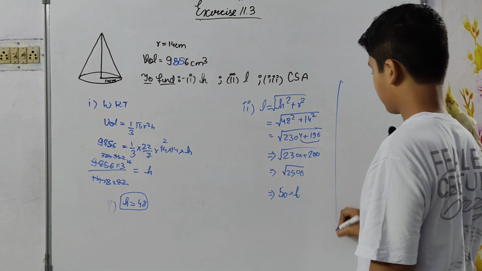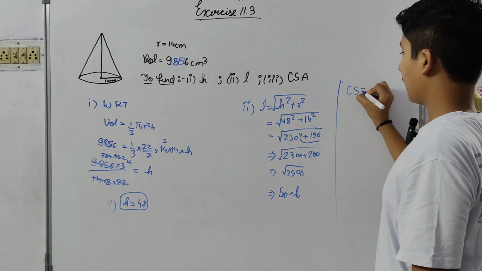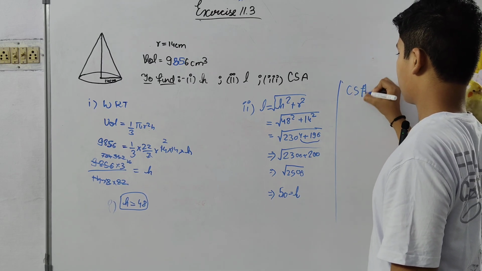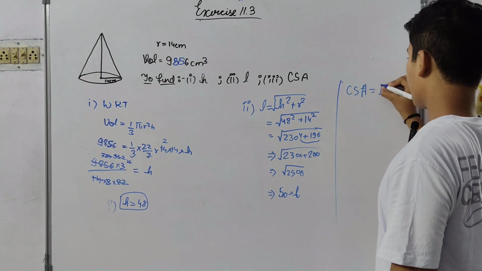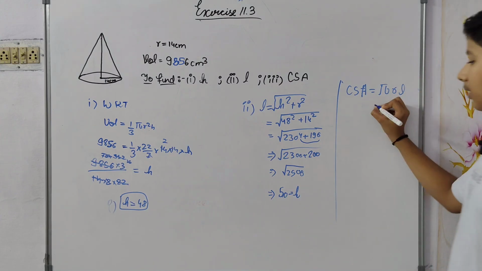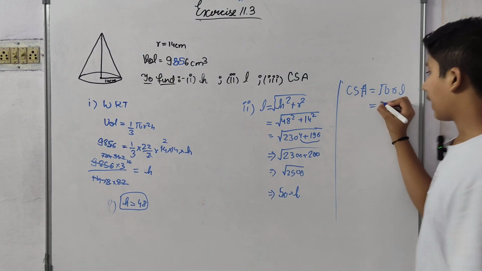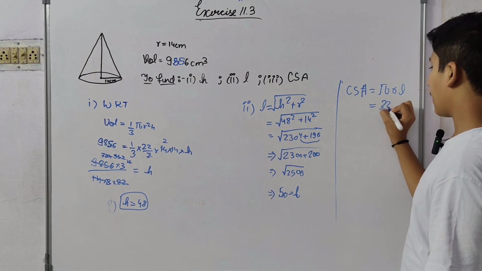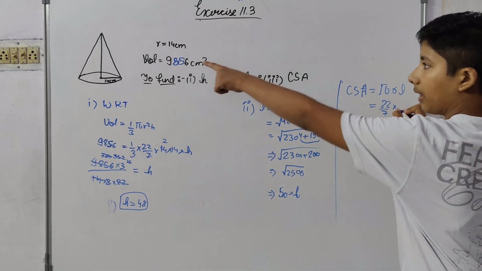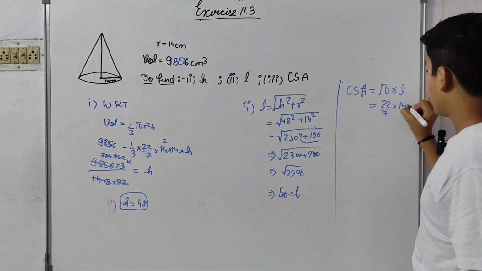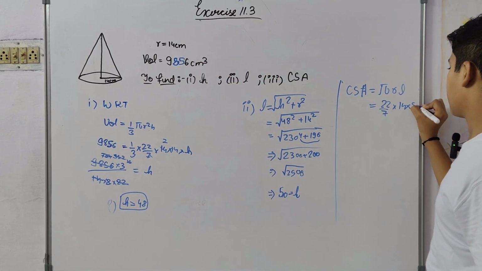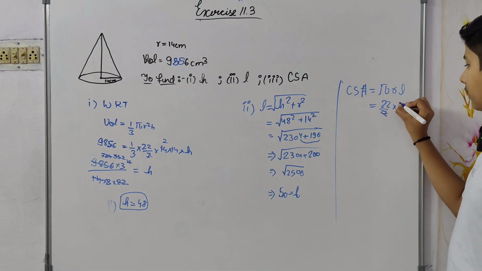Now, CSA equals to pi r L. Okay, so what is pi? Pi is 22 by 7 into radius is 14 into L we just find out 50.